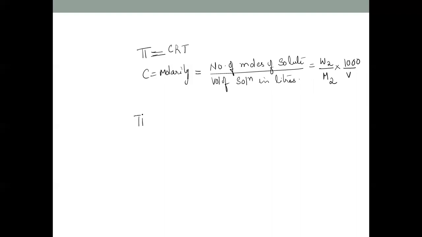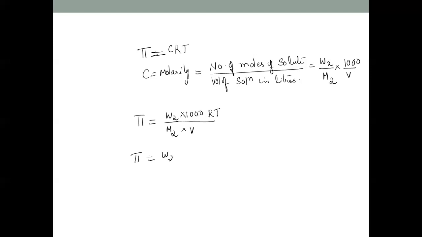If we substitute this, pi is equal to C, which is W2 by M2 into 1000, into RT. Right? If you don't want to put this 1000, no problem.